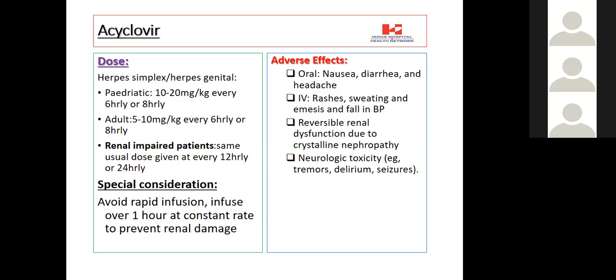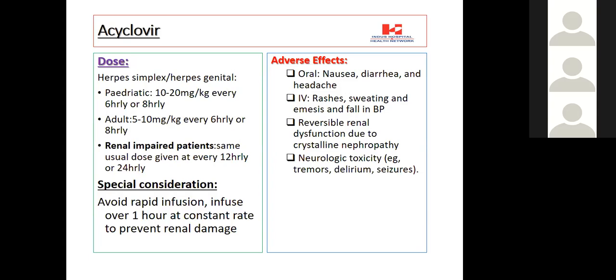If any patient is receiving acyclovir, what should be the special consideration? Like amphotericin B, it can cause nephrotoxicity as a standard, so it should be infused over 1 hour at a constant rate to prevent renal damage.